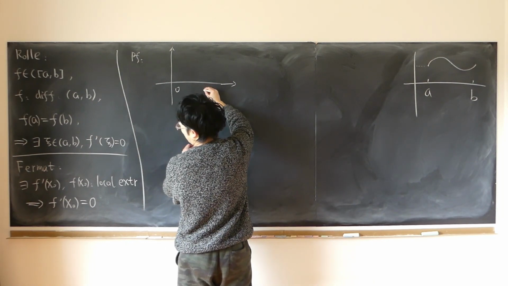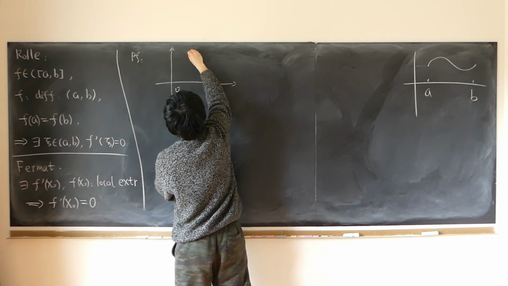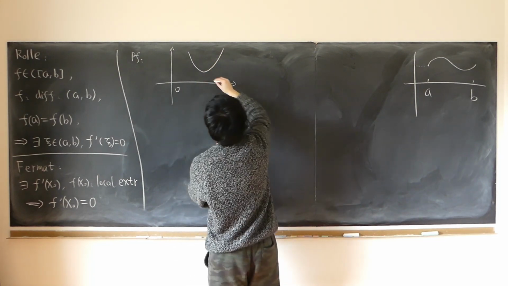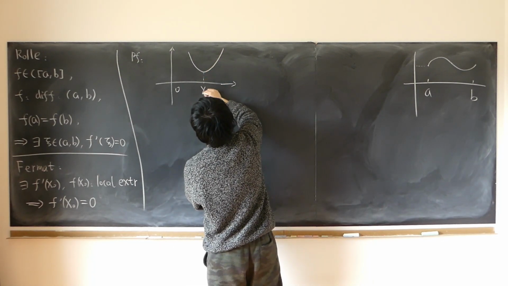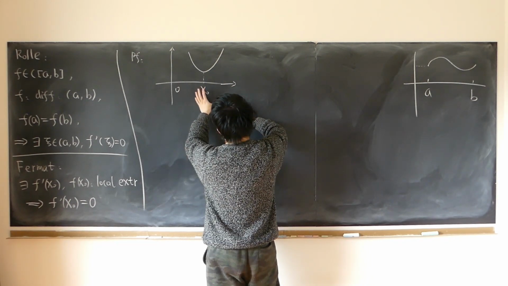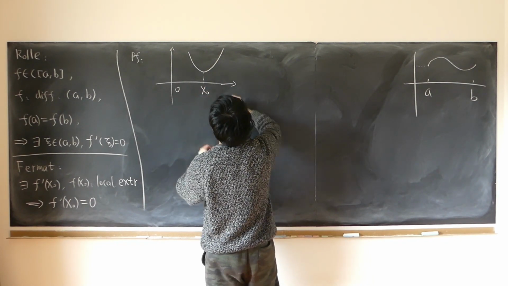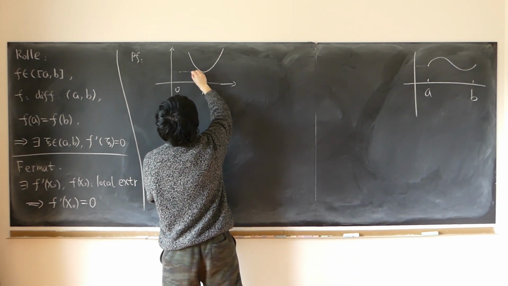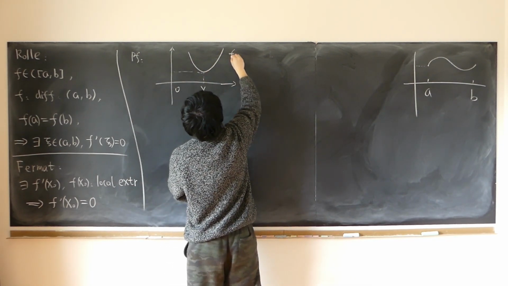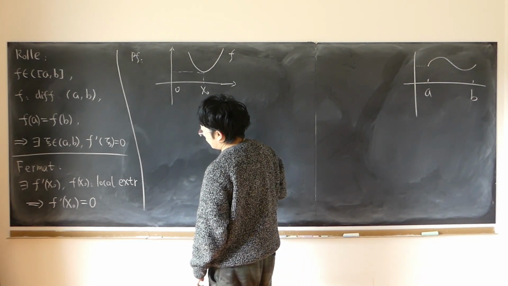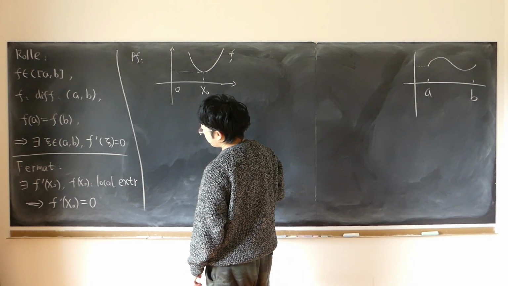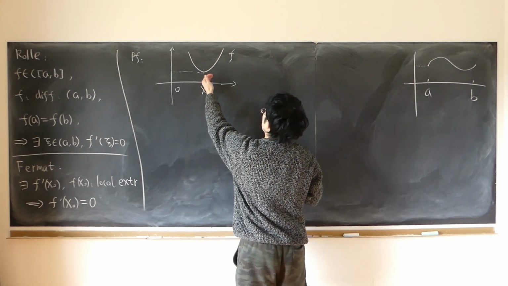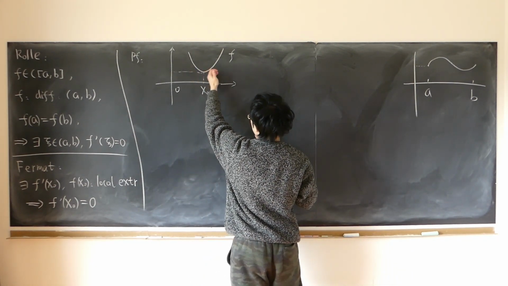So let's say we have the graph of this function looking something like this, and let's say at x0, the function takes the local minimum, right? So local minimum f. And since the derivative exists, the left-hand side derivative and the right-hand side derivative are equal to each other.